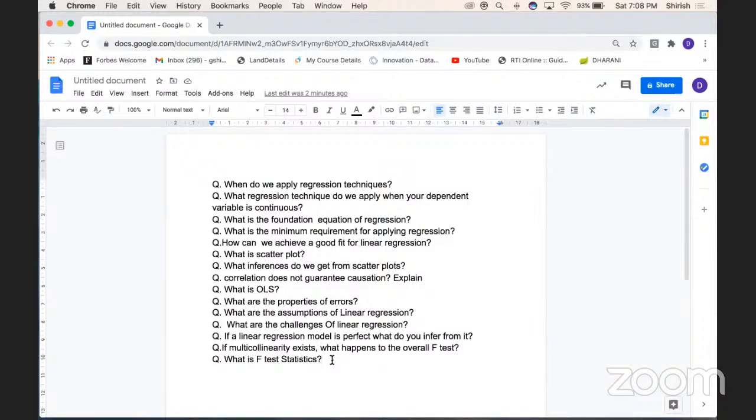How is it important for us? We understand that it compares the fit of different linear models. But what is the importance here?